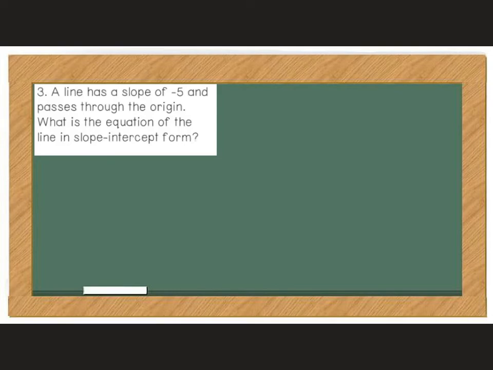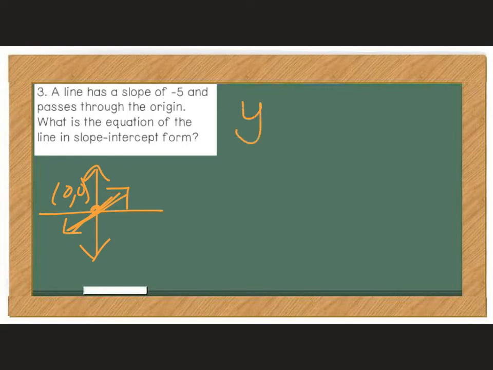A line has a slope of -5 and passes through the origin. What is the equation of the line in slope-intercept form? Really quickly, if we have a line that passes through the origin, think about what that coordinate is. That's 0, 0. Previously we were talking about that's where x is 0. We also know that this is a direct variation, so it's a proportional relationship.